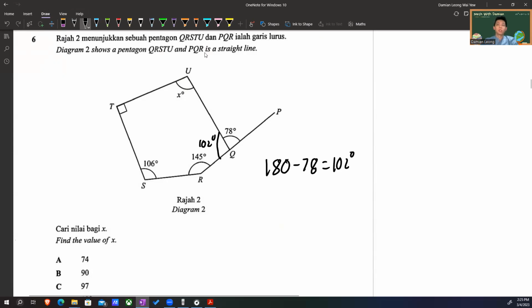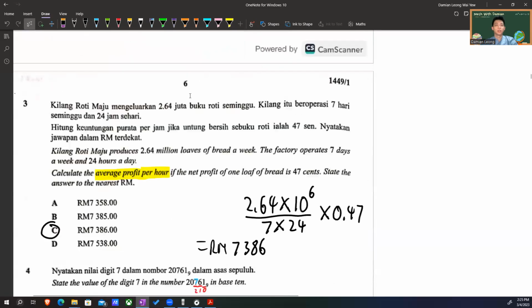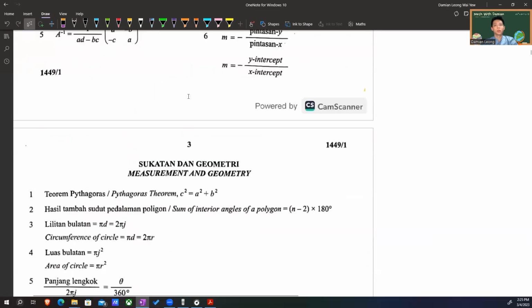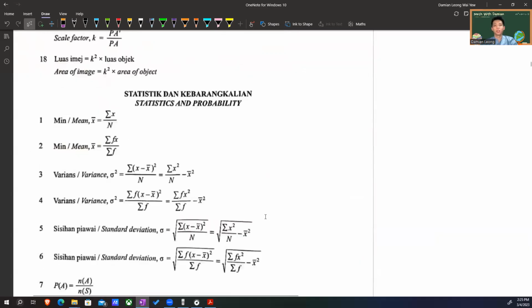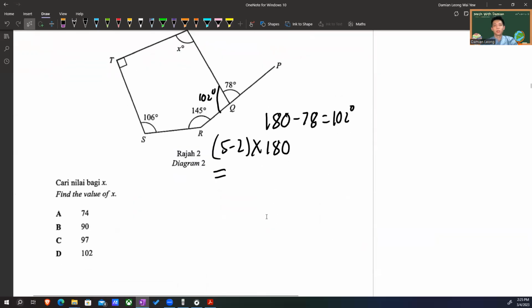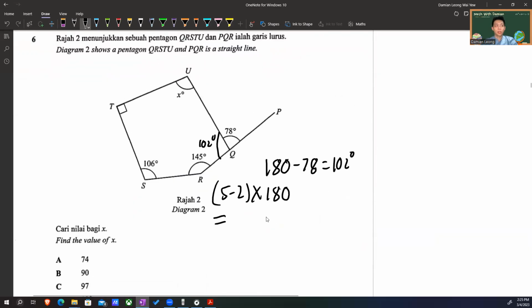This is a pentagon, means 5 sides. So the total interior angle would be 5 minus 2 times 180. The formula, n minus 2 times 180, is given to you, so we just need to use that formula. 5 minus 2 times 180 is 540 degrees.